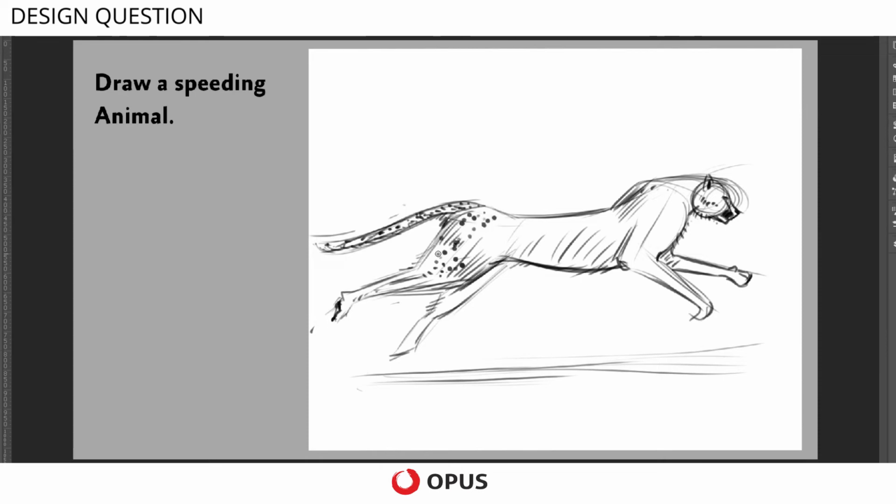So as you know, that is how the skin texture of a cheetah looks.